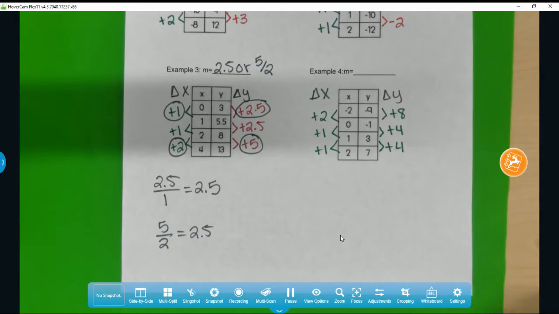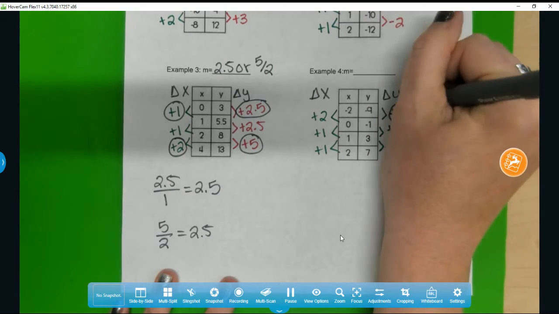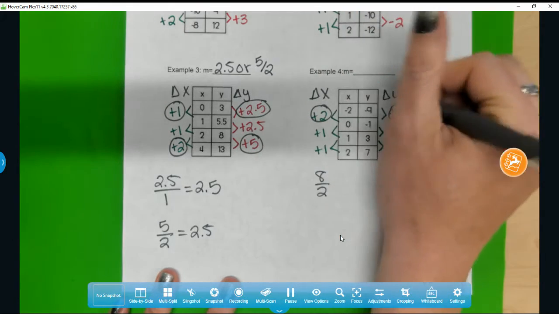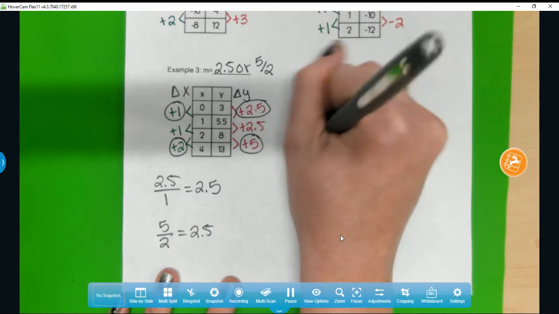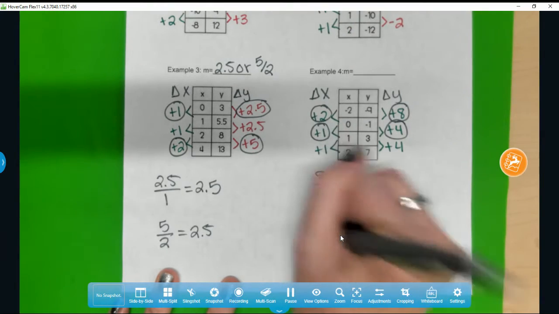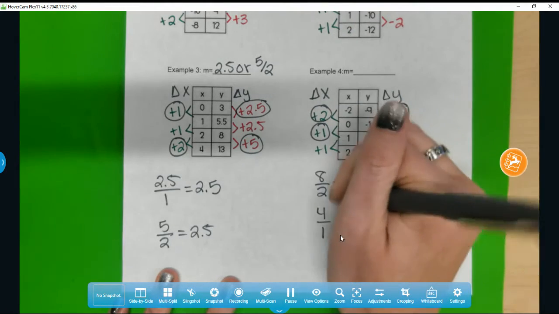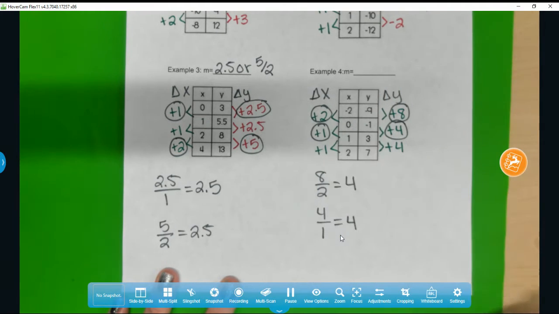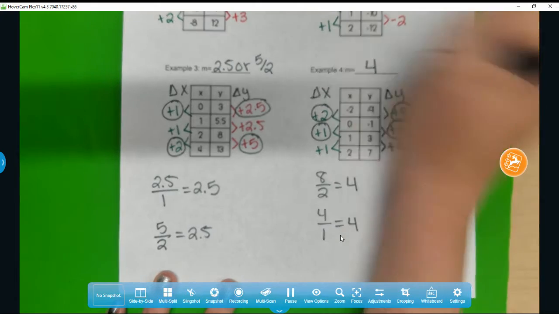So I need to set up 2 fractions again. 1 with 8 over 2, and 1 with 4 over 1. When I reduce those, 8 divided by 2 is just 4. 4 divided by 1 is 4. So my slope is 4.